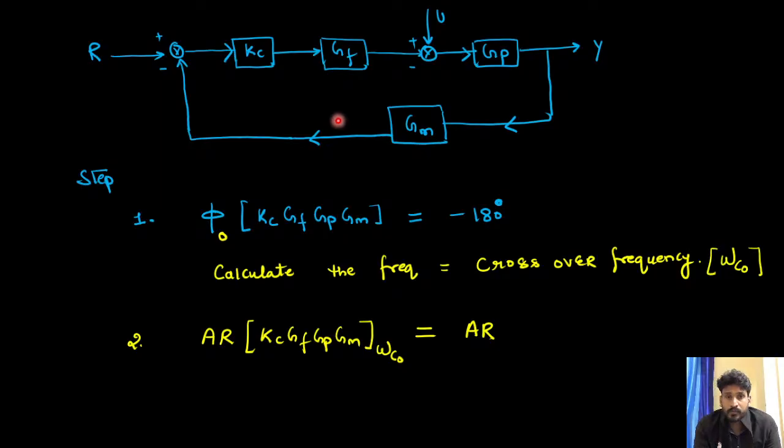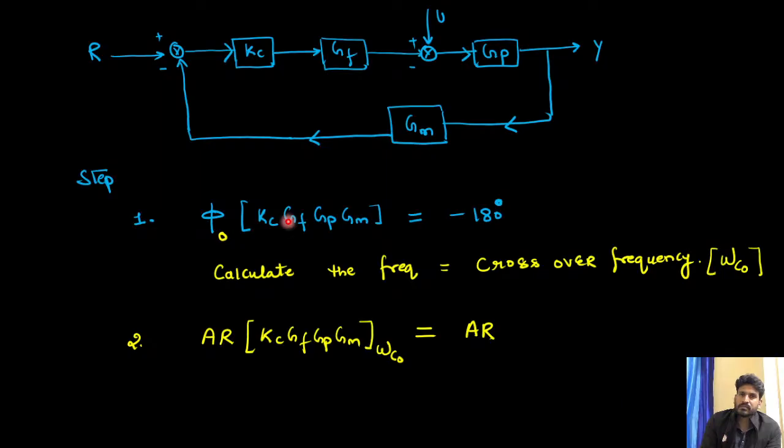And in the open loop, how we calculate the transfer function for the open loop? Just multiply all the transfer functions. That's it. Like Kc, Gf, Gp, Gm. So this is my open loop transfer function. Now just calculate the phi, means the overall phase lag of the open loop transfer function, equal to -180. First you calculate the open loop transfer function.